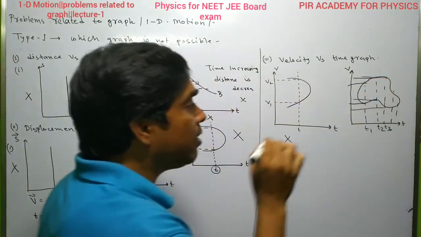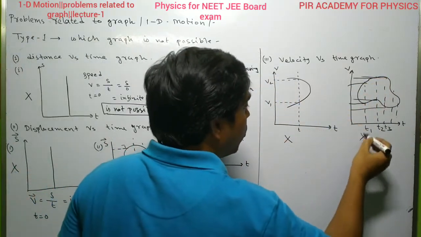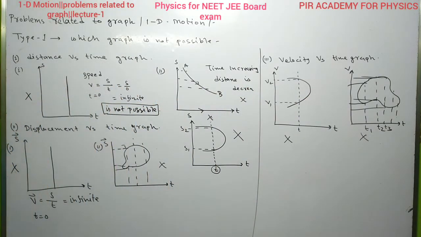So this graph is not possible, because at the same time a particle has only one velocity. This is type number 1, which graph is not possible.